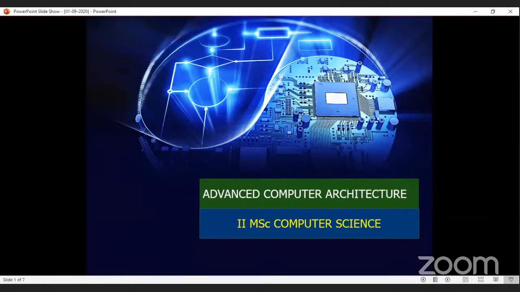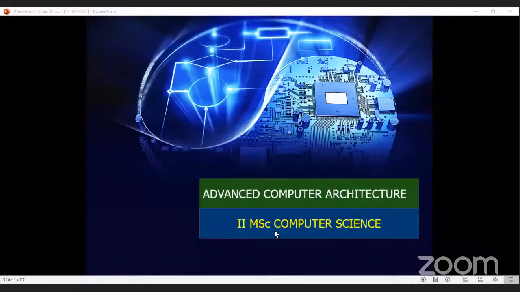We are discussing a paper related to the concept of parallel computers.